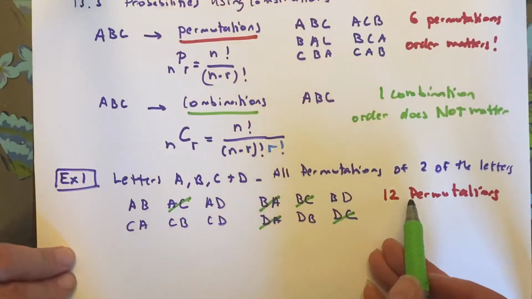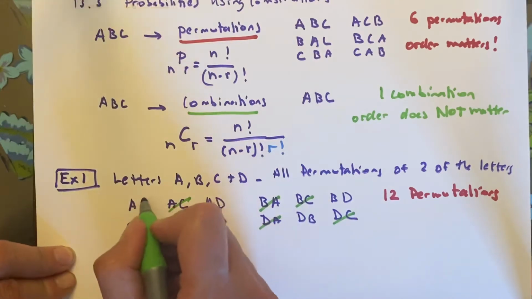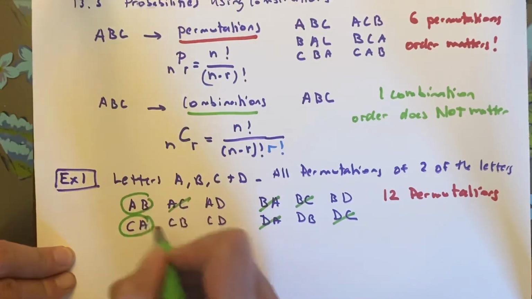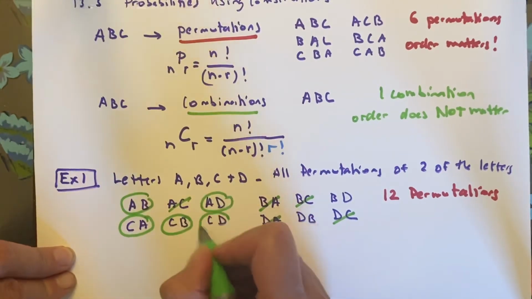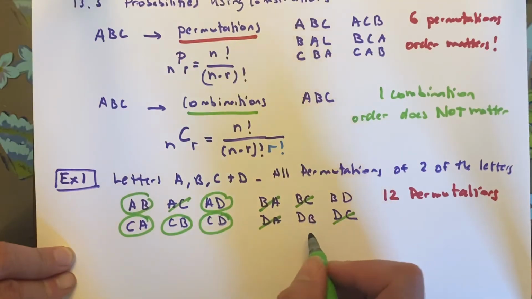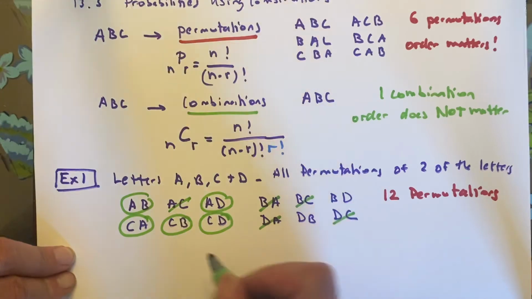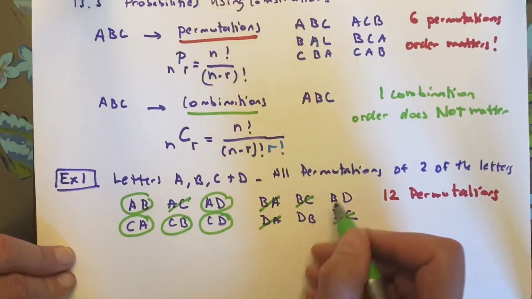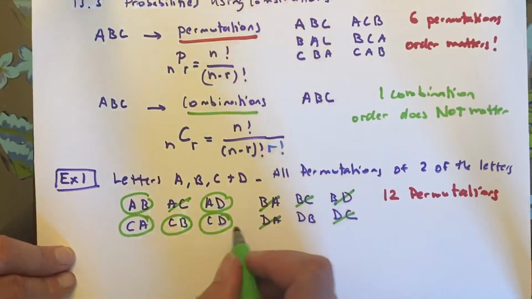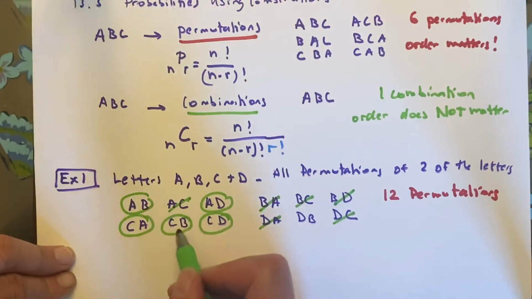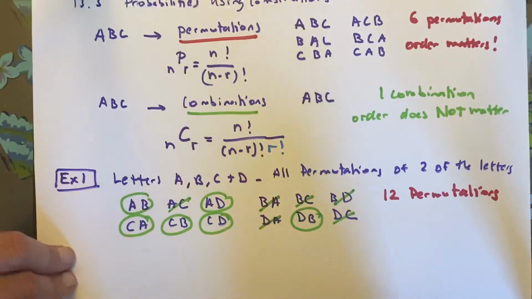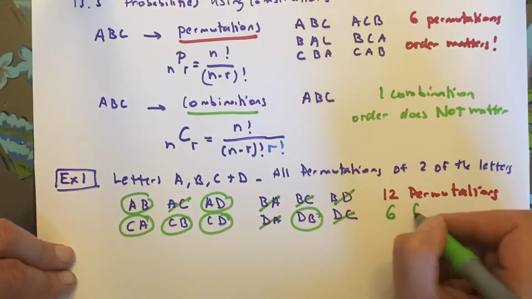So I have 12 permutations, but what's left? 1, 2, 3, 4, 5. Whoops, it should be only 6. Do I have a duplicate? Oh, there we go. BD and DB. I've missed one. 1, 2, 3, 4, 5, 6. 6 combinations.